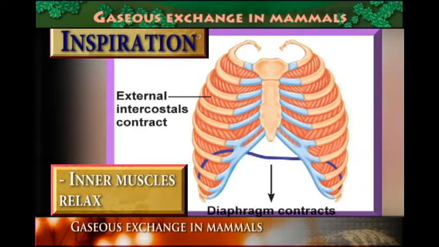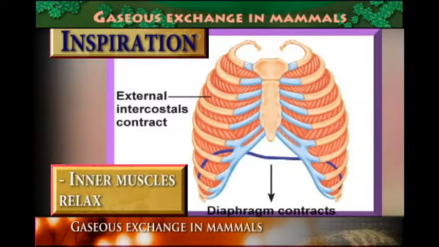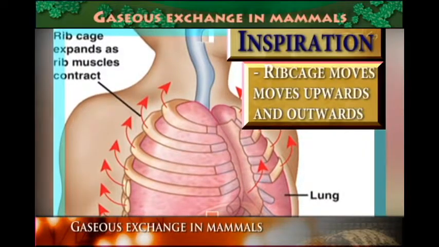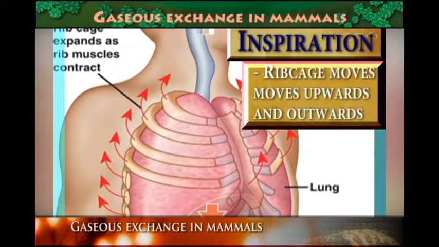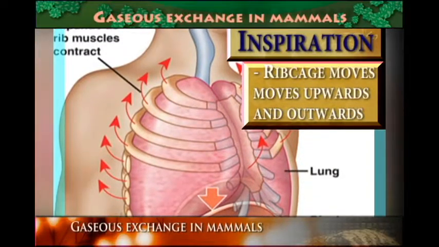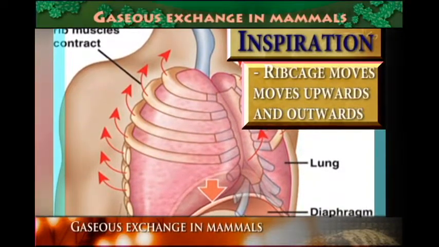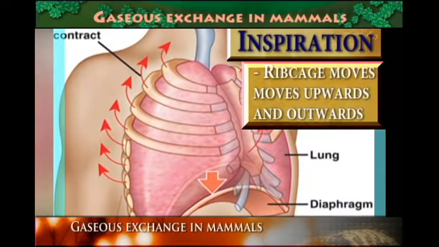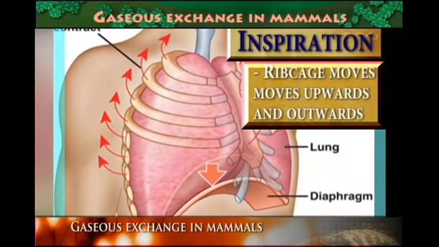And when they relax and the outside are contracting, the rib cage is going to move upwards and outwards.